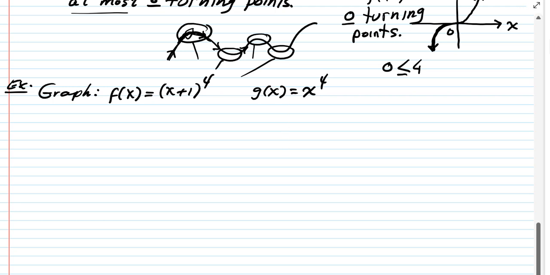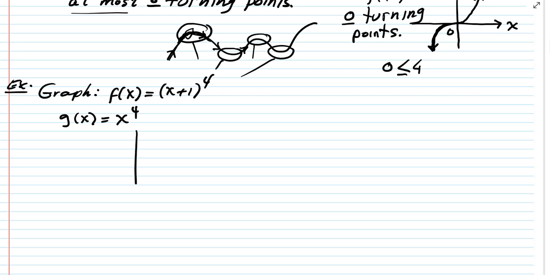So x to the fourth, let me do it like this, so I can fit another graph next to it. Our basic power function is x to the fourth, and this is the graph of x to the fourth. Remember, again, using my utility, I graph these.